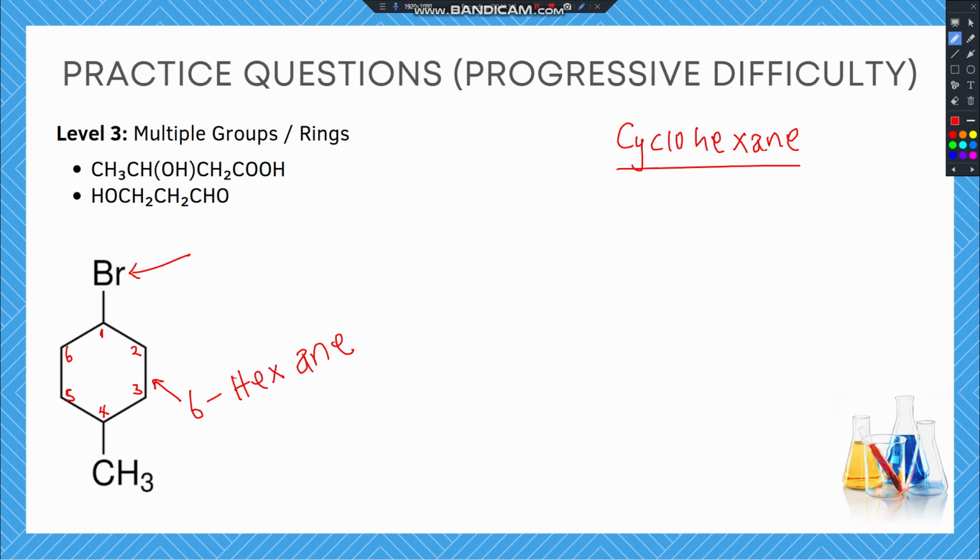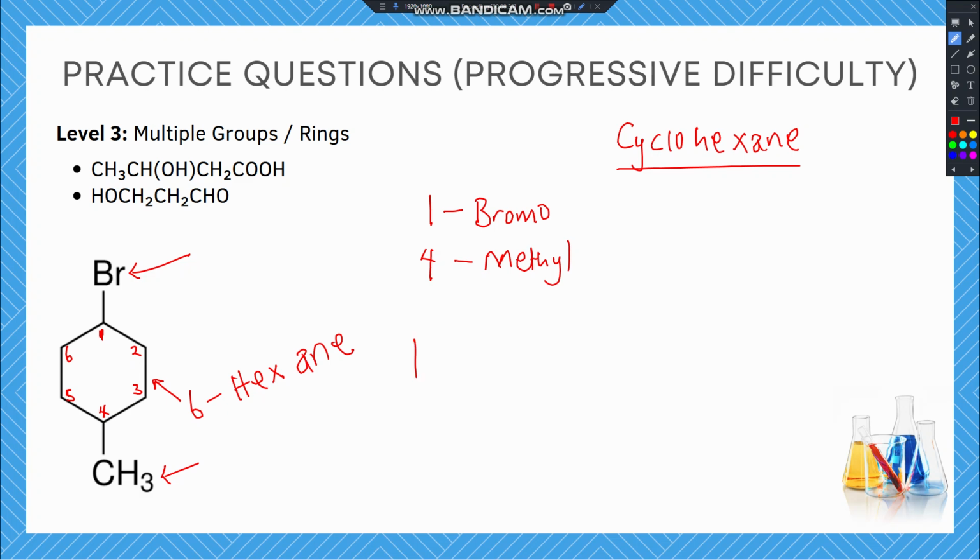So now let's deal with the prefixes by putting the names of the branches. On carbon number 1 we have bromine, so that tells us that we have 1 bromo. And then the next thing we identify is the position of the methyl substituent, which is 4 methyl.